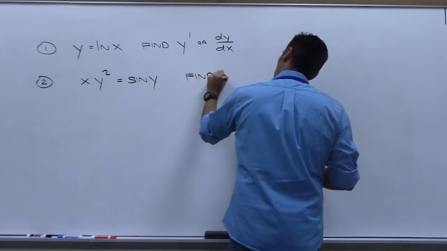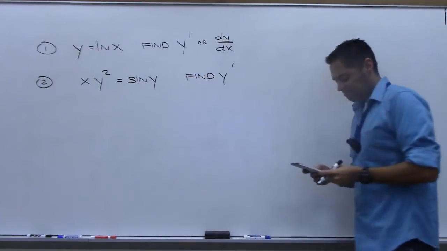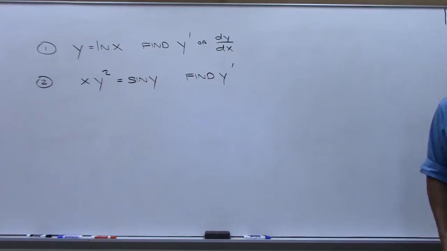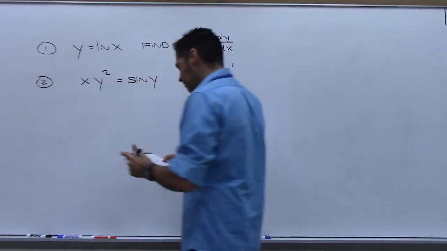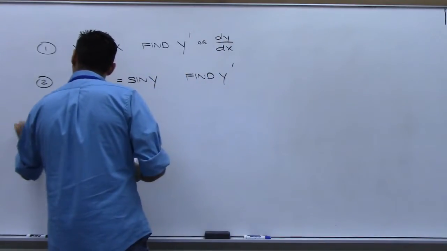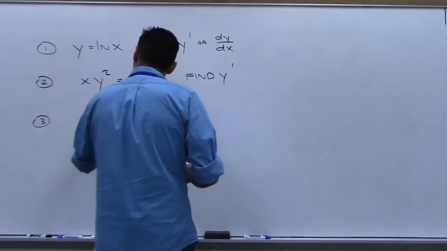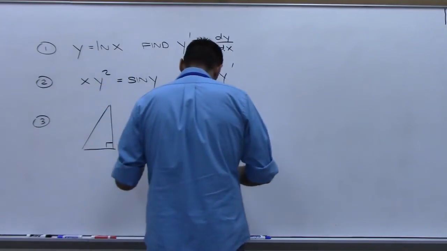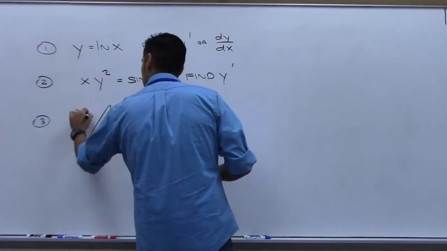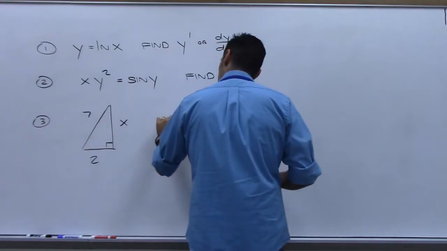Find, same thing, y prime. Number 3, this is a right triangle. 2, 7, x. Find x.